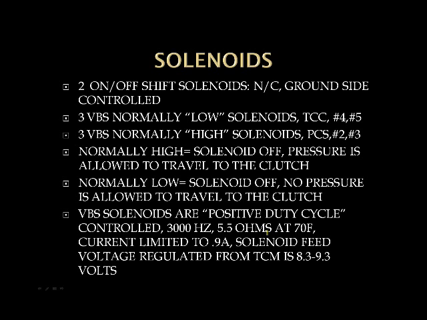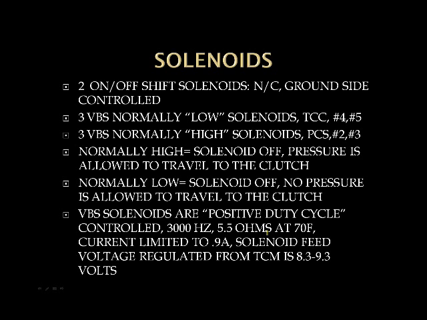The shift solenoids that we use in the 6L80, as we talked about earlier, have 2 on and off shift solenoids. They're a normally closed solenoid and they're ground side controlled. So what's that basically mean in simple terms? These are standard old, plain Jane style shift solenoids you've come to know and love through the years.